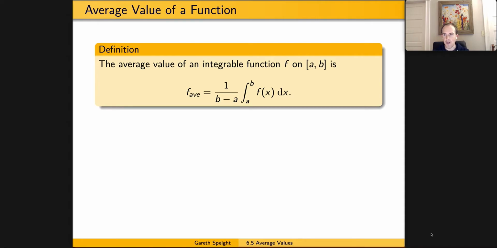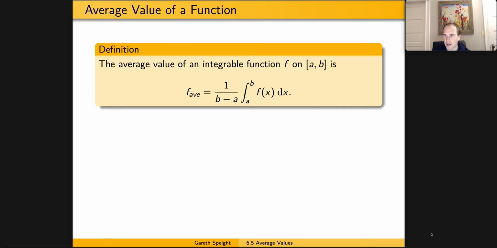So why is it this formula? It comes about, as you could guess, by chopping [a, b] up into a bunch of little pieces. We pick a sample point from each piece. We find the function value, and then we average all those function values. We get a number which somehow is an approximation of the average, and then we take a limit as we chop up into more and more pieces, and we take the average of more and more numbers, right?